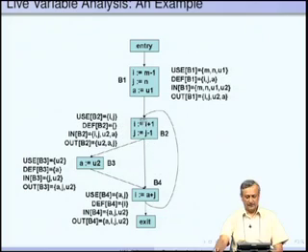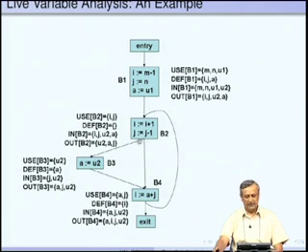So, whatever is used before definition is definitely live at this point. In other words, because there is going to be a use, whatever values of i and j are defined here are being used in these two, right. That is why i and j are live at this point, that is the use component.